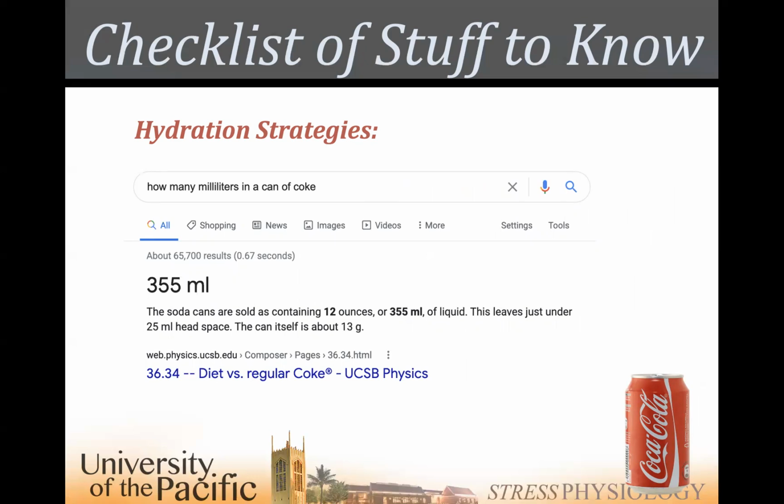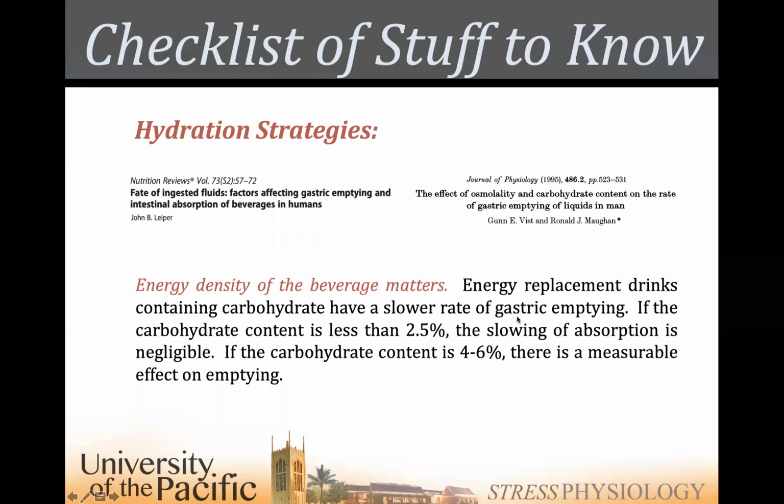That's a .edu webpage, UCSB, University of California, Santa Barbara, maybe. So let's just say that's probably right. So 355 mLs in a can of Coke, and you get a little bit more than a can of Coke in you, and you're going to be emptying somewhat rapidly, certainly readily.